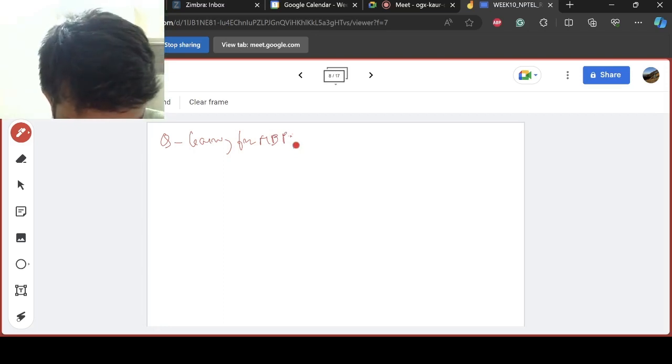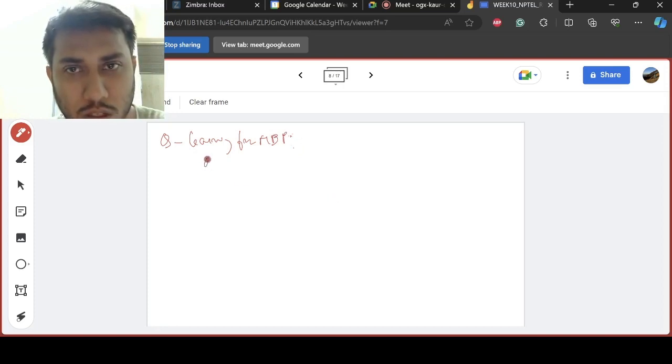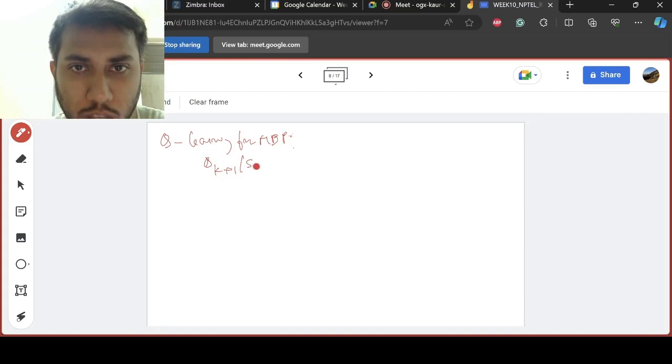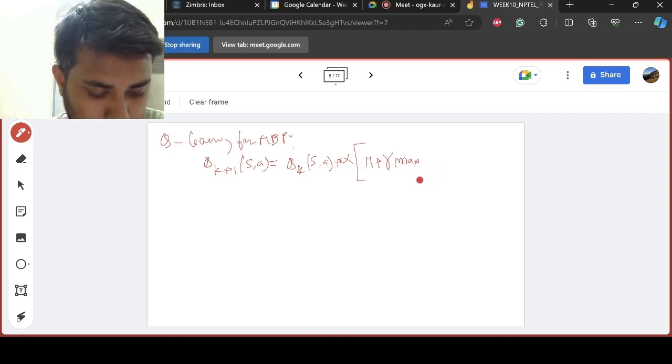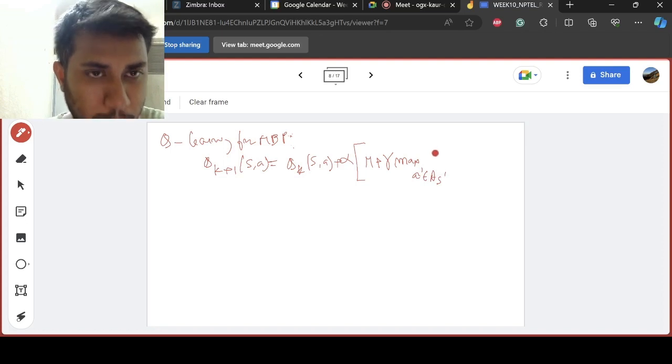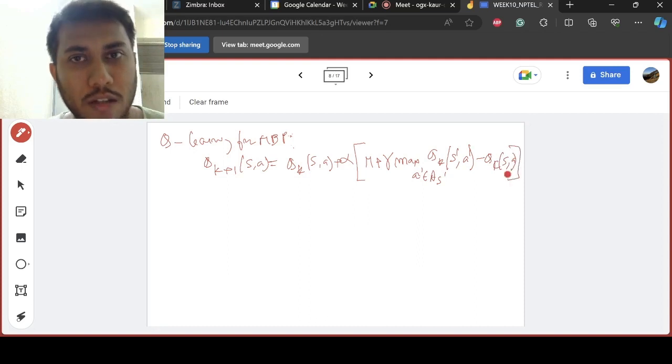What was the Q learning for MDP? Q k plus 1 of s comma a is equal to Q k of s comma a plus alpha times r plus gamma max over a dash belonging to A of s dash of Q k of s dash comma a dash, minus Q k of s comma a. Right. So this is your Q learning for MDP.